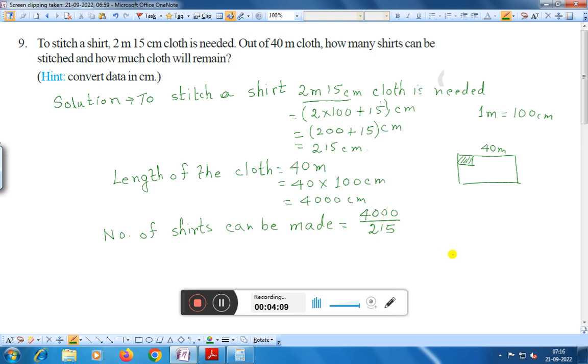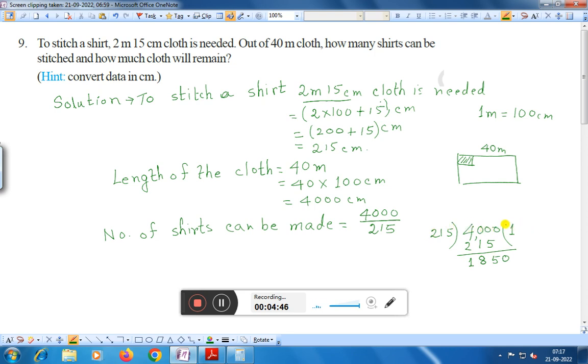Now if we divide 4000 by 215, we get 1, 2, 1, 5. After that we will subtract, and carry on.